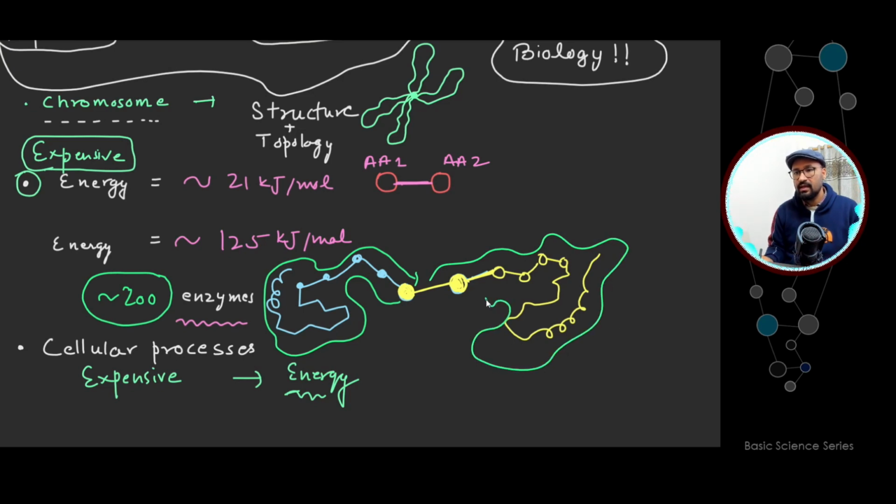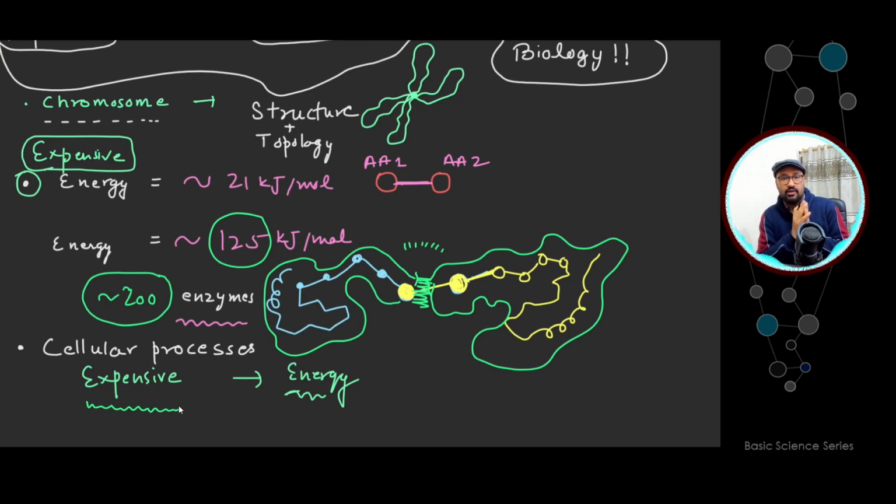Since you have two polypeptide molecules, they need to be oriented. Conformation dynamics is important in this case. So a lot of different enzymes are involved in forming the bond, and energy is obviously being used, which is very, very high for the specific bonding between these two amino acids, right? So cellular processes are expensive.